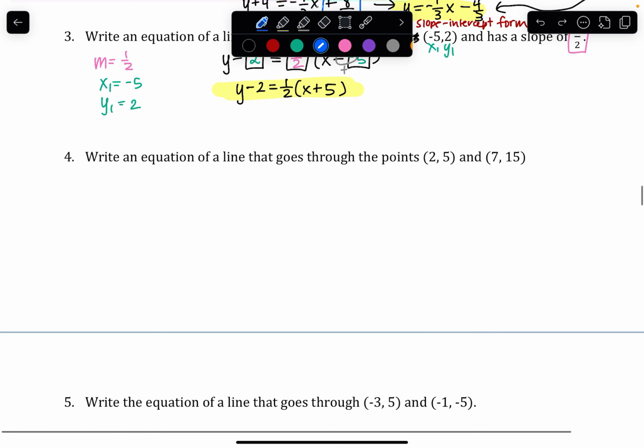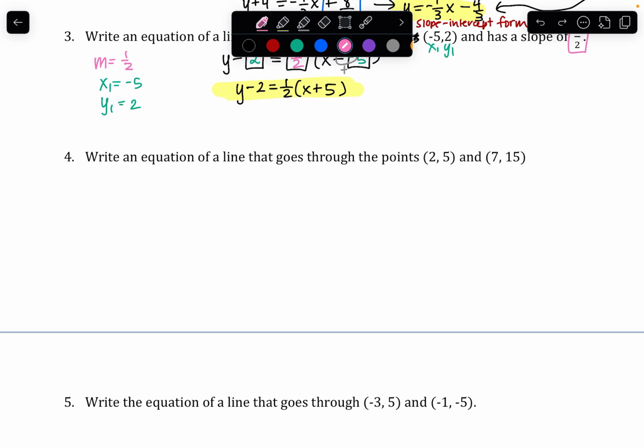Okay, this next one, it says write an equation of a line that goes through the points (2, 5) and (7, 15). So we don't have the slope anymore. Okay, and so when that's the case, they did give us 2 points, x1, y1, x2, y2, and we have a formula to find the slope. It's y2 minus y1 over x2 minus x1, change in y over change in x.